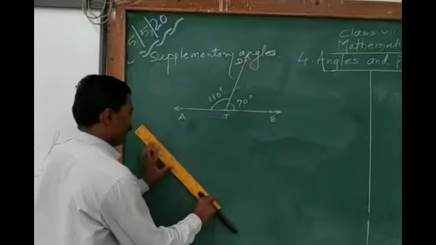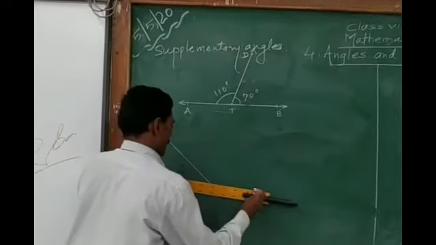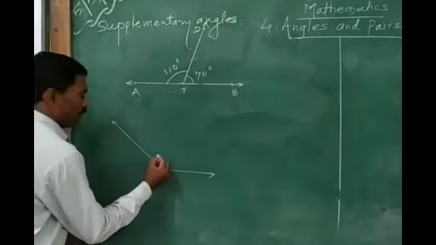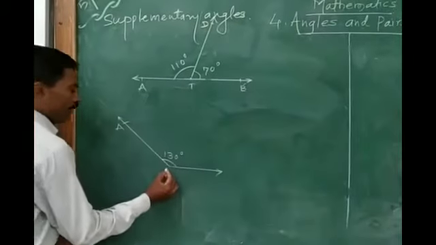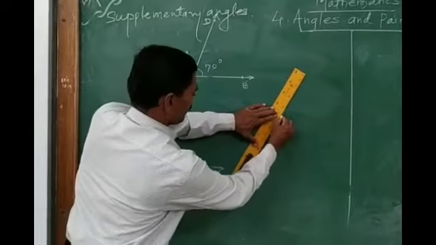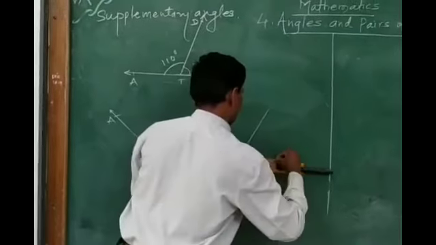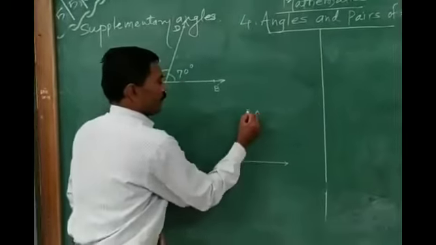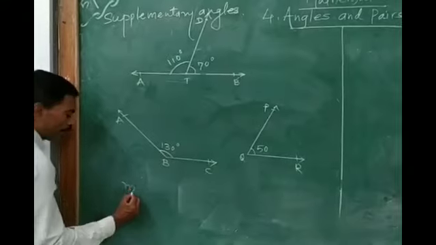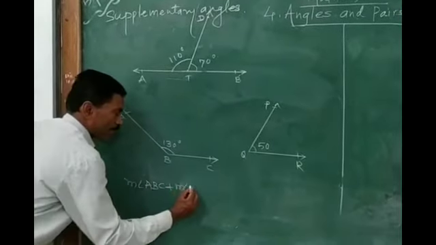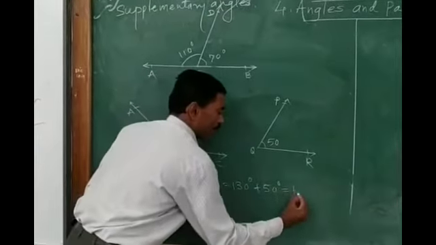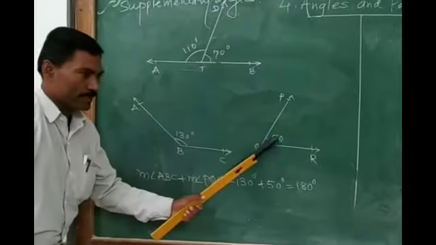For example, if angle ABC is 130 degrees and there is another angle PQR whose measure is 50 degrees, now the measure of angle ABC plus the measure of angle PQR is equal to 130 degrees plus 50 degrees is equal to 180 degrees. The sum of these two angles is 180.